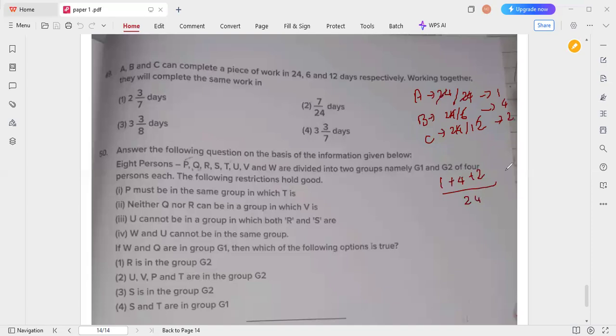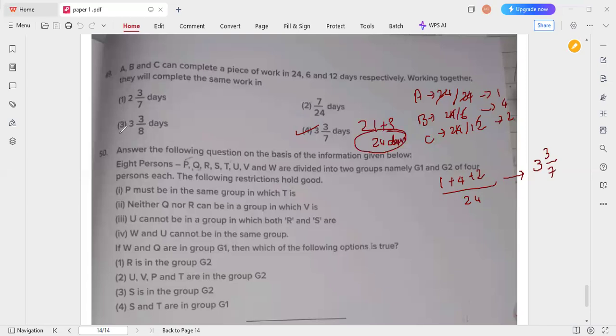So by taking the LCM, we'll get the fraction 3 divided by 7 days. So here the fourth option is correct. That is 7 threes are 21, 21 plus 3, 24 days is the correct answer. Option 4 is the correct answer.